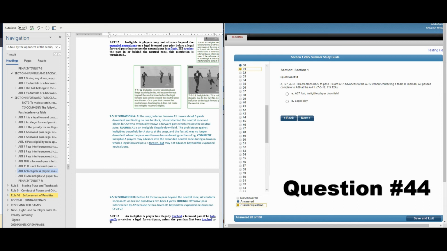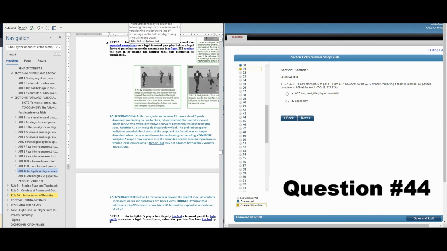That's the limit that he can go. I think in some rule books, he has to be contacting a defensive player in order to do that. That's not true in high school. So in high school, 7-5-12 just simply says ineligible A players may not advance beyond the expanded neutral zone.